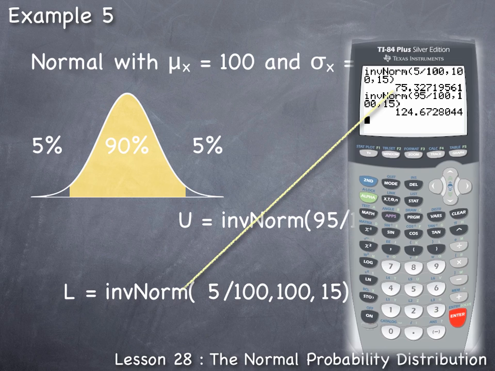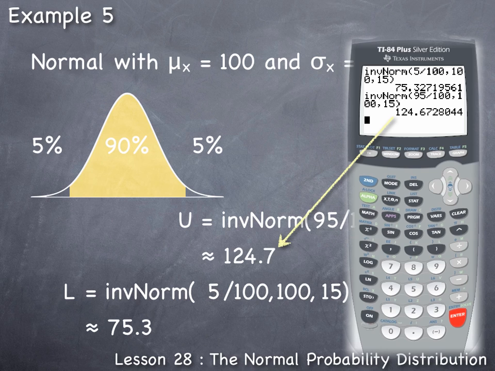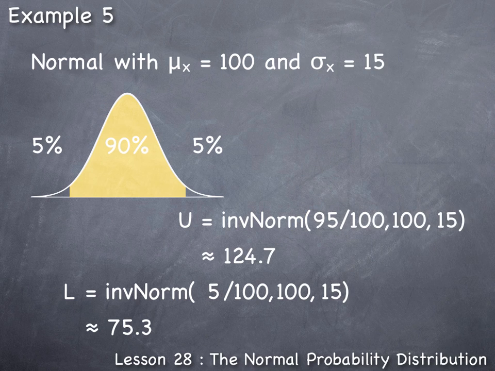Thus, the lower limit on the interval rounds off to about 75.3, and the upper limit, U, rounds off to about 124.7. So, here is our result. 90% of IQ scores in the general population fall within the interval from 75.3 up to 124.7.